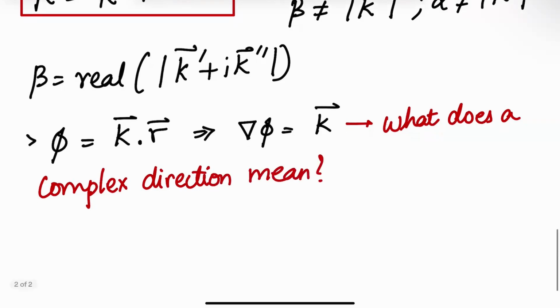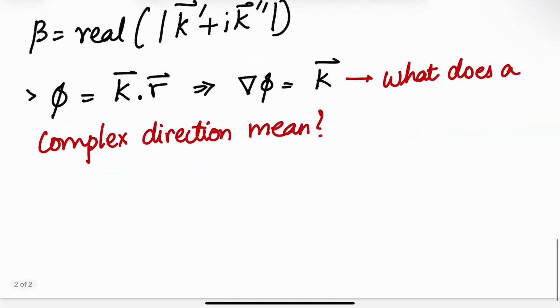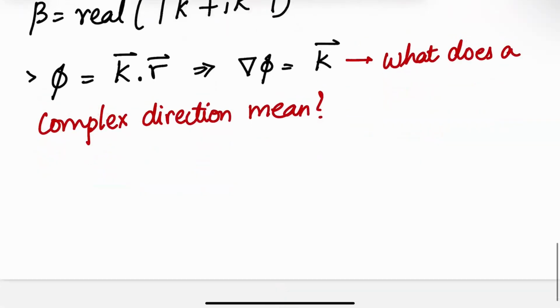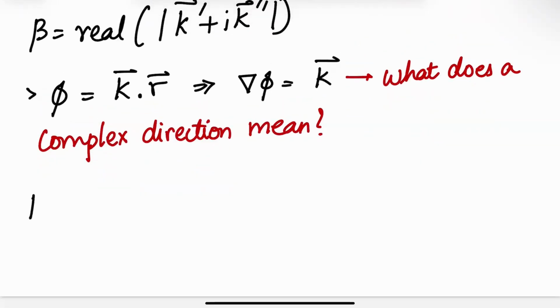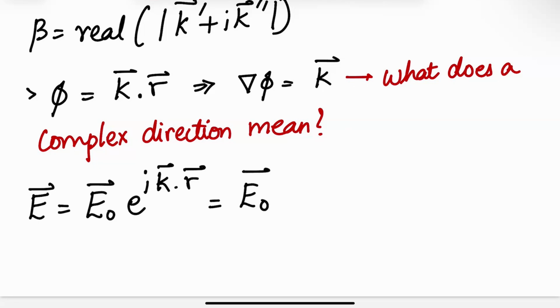To answer this question, it's really not that difficult, because essentially we have two directions now: one which is the real part of k, the direction of k prime, and then k double prime also gives you another direction. So we need to interpret what these two different directions mean. To interpret that, we go back to our definition, E equals E naught e to the i k dot r. That's nothing but E naught vector e to the i (k prime plus i k double prime) dot r.